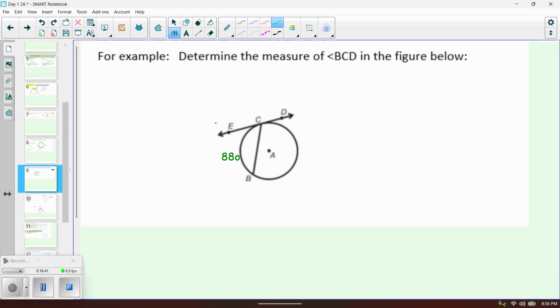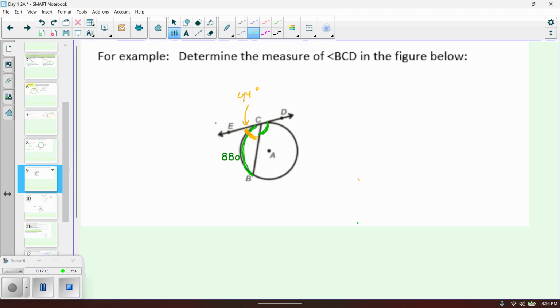We want to determine the measure of angle BCD. BCD, again, that's this big one over here, but they gave us the arc over here. So let's do this one in a different way. I'm going to find the measure of this angle, which I know is going to be half of that arc. So the angle that we have here is going to be 44 degrees, because that's half of 88.